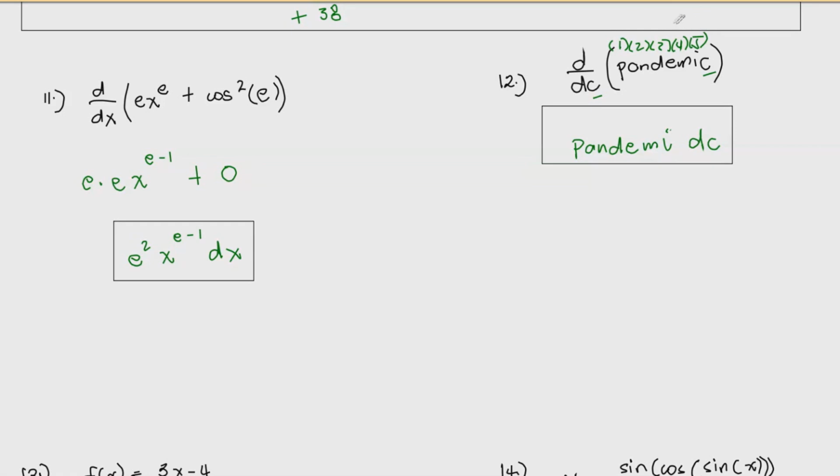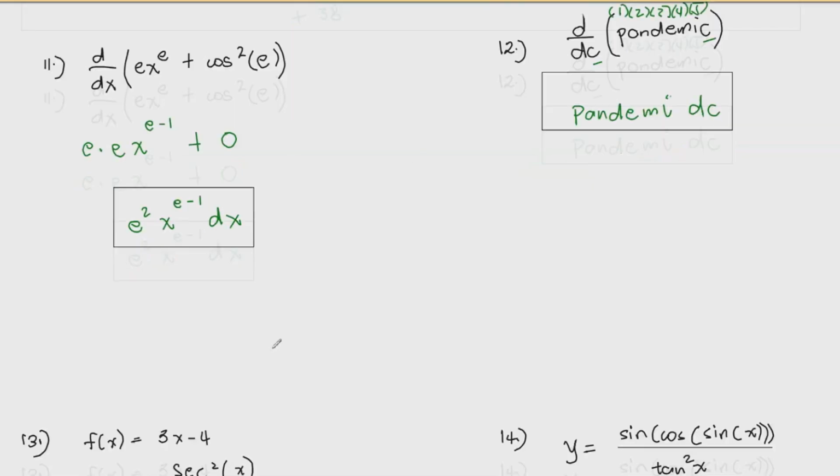So if you multiply all of these numbers, you'll get a certain number and then a c here, which is 1. So if this is expressed in something like y equals, then you remove this dc and you'll be left with pandemic. So since we're using the Leibniz, then you should add this dc.